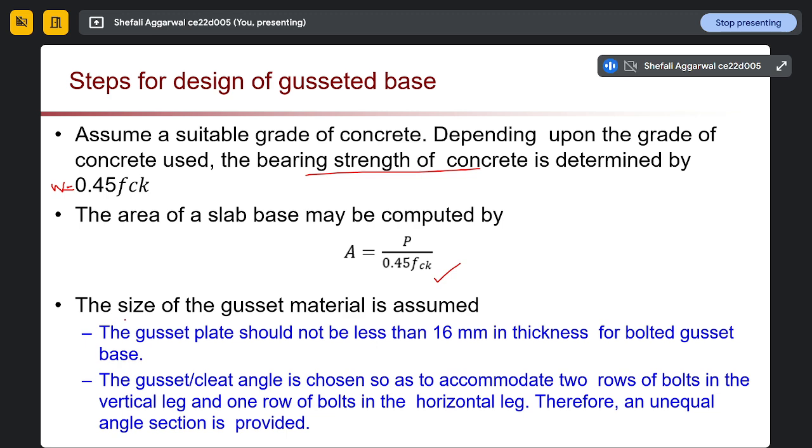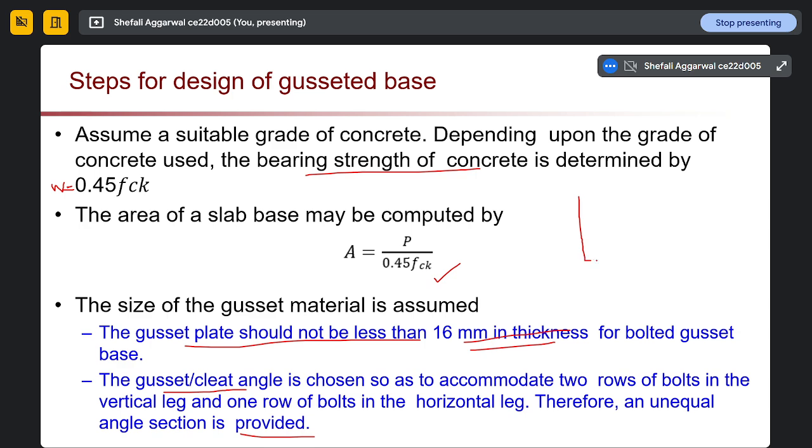In the case of a gusset plate, the gusset plate should not be less than 60 mm thickness for a bolted gusset base. The gusset or cleat angle is chosen so as to accommodate two rows of bolts in the vertical leg and one row of bolts in the horizontal leg. Therefore, an unequal angle section is normally provided.